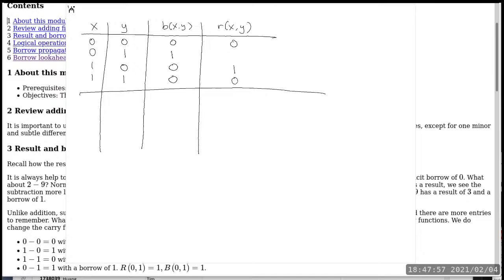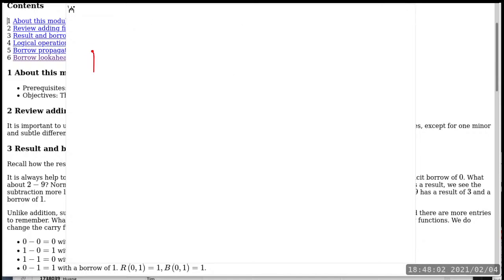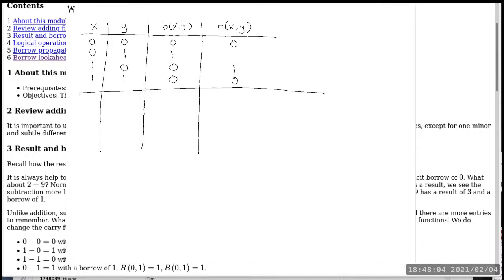So the one in the middle is the one that makes you wonder, what about this one? 0 minus 1. I'll move on to the next page. When we have 0 minus 1, and we ask what is the single digit result of that, it is a 1. It is the same question as asking, in base 10, what is 0 minus 1? You would say it's 9.